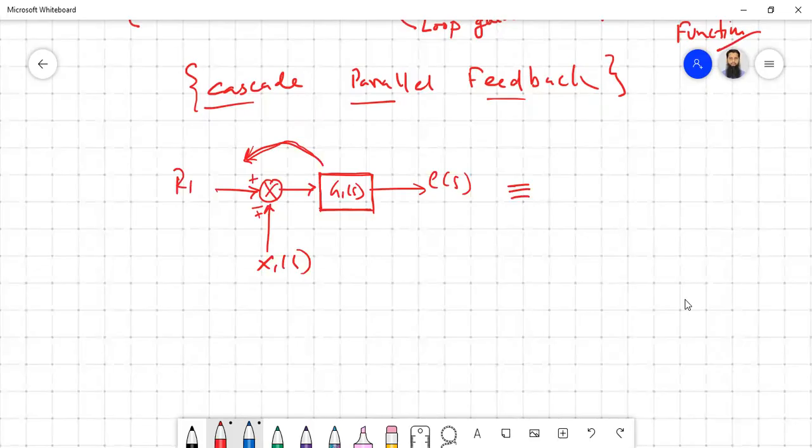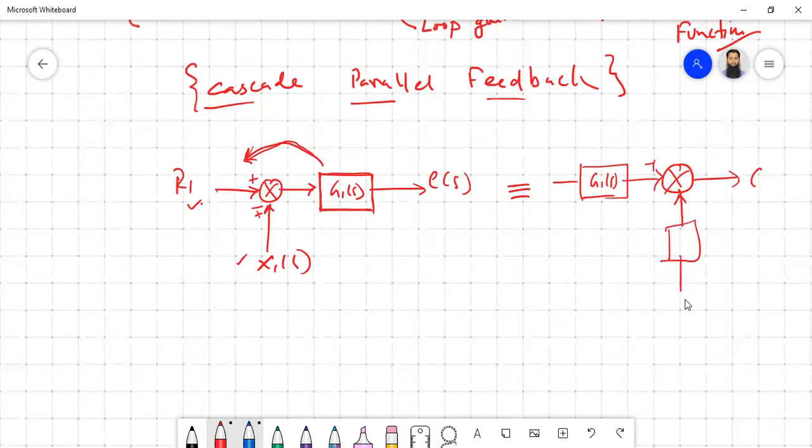Because the two signals are actually added together and then multiplied, both signals will be multiplied by G1. So you can actually pre-multiply both signals with G1, and then add them together as well. So this can be easily done. And the output remains the same, it is not getting changed.